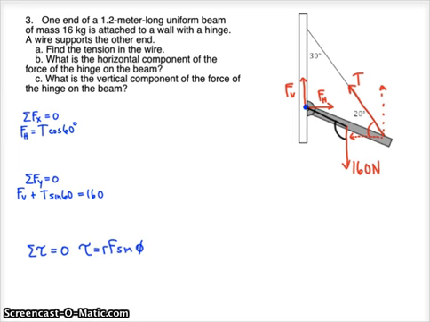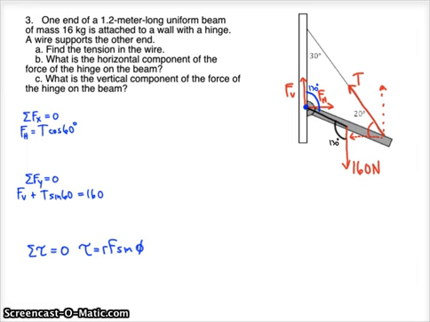And of course, that is the only part that is really effective in making the beam try to rotate. To find that black angle, it might be helpful to find this angle instead. So you can see that the blue and the black angles are equal to each other. They are alternate interior angles, or exterior angles. I can't remember my geometry terms, but if we take a look at the triangle itself, 30 plus 20 is 50. Taken from 180 gives us that 130.